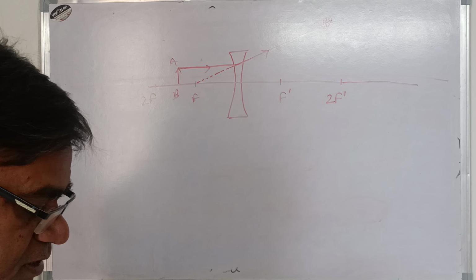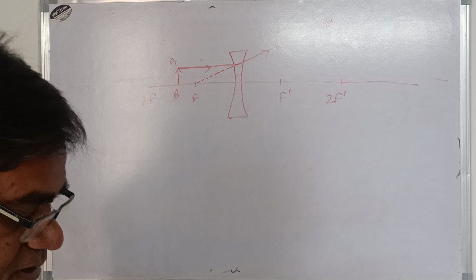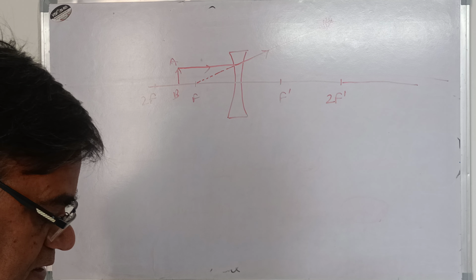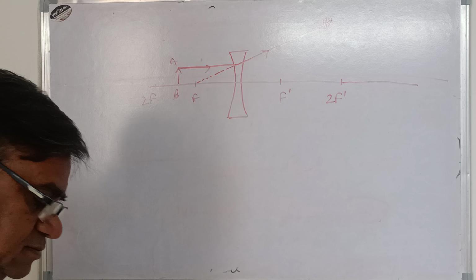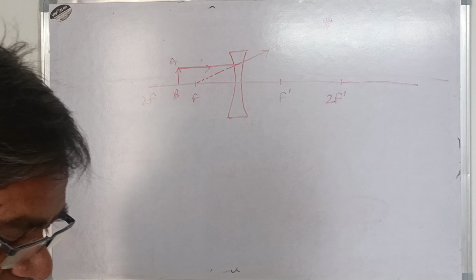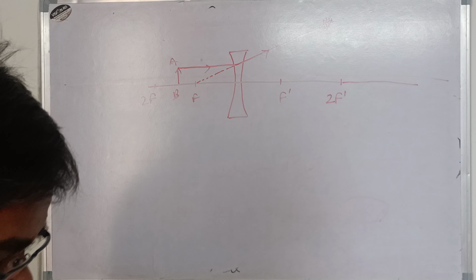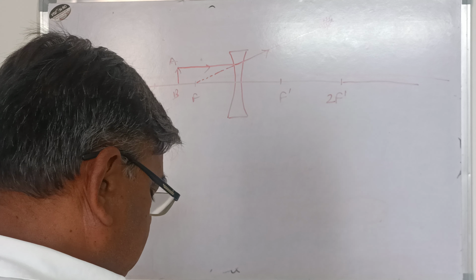When the same object is placed 10 centimeter in front of the lens B, the image formed is real, inverted and same size as the object. What is the focal length of A? There are two lenses. Okay, let us proceed.